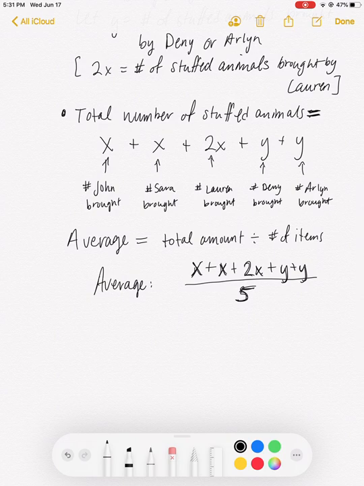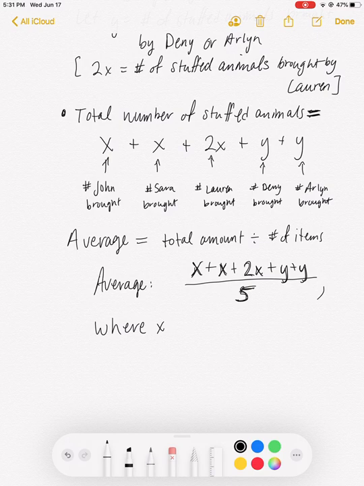In these equations, we need to also label our variables. Okay, so I've said that x plus y divided by 5. Let's remind our readers what the variables mean.